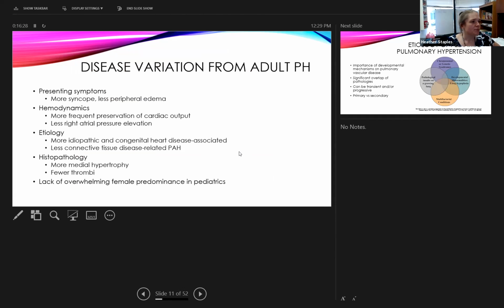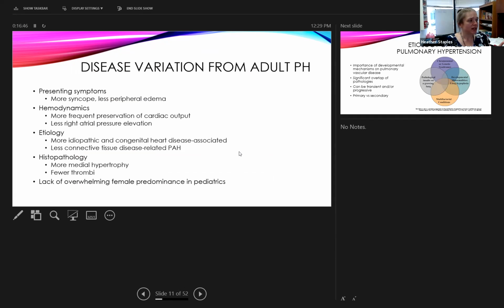So pulmonary hypertension in kids, obviously, you guys know, pediatric medicine is not the same as adult medicine. So most of what you guys have seen, because it's the most common, is pulmonary hypertension related to chronic lung disease of prematurity.